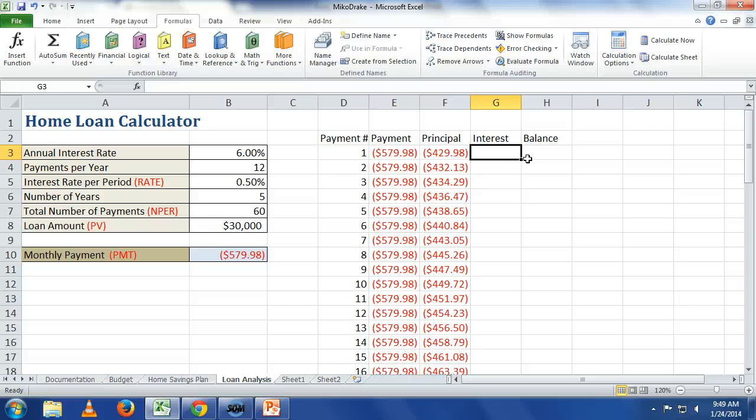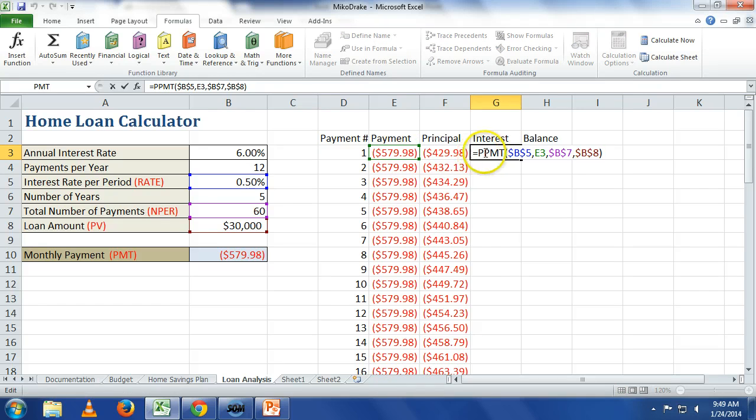Okay, let's do it independently. We use PPMT for principal. Let's use IPMT for this, and it's the same format, except the function's IPMT. So I'm going to copy F3 over to G3, and change a couple things.